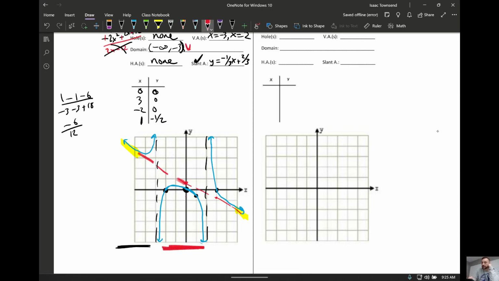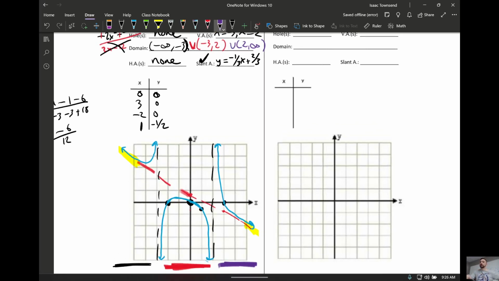Then it hits all of these x values, which is negative 3 to 2. And then finally all of these x values, which would be 2 to infinity. Again, I'm trying to color those different intervals to help you see where those parts of the answer are coming from.